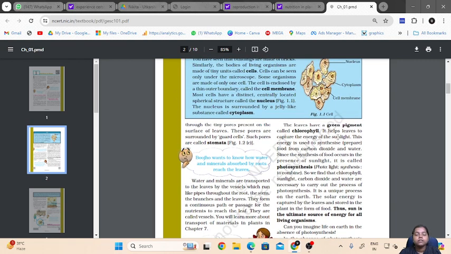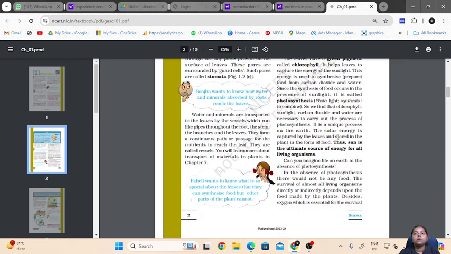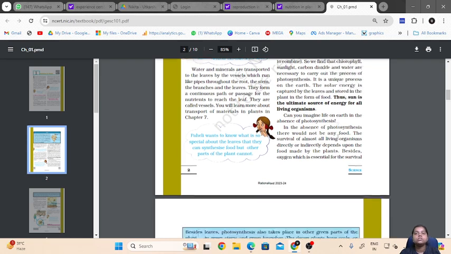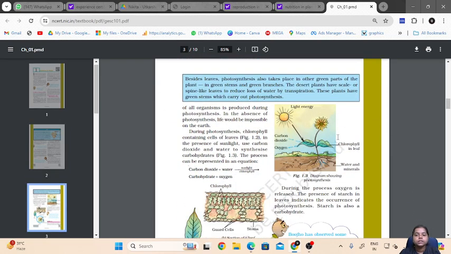Why only leaves can do photosynthesis? Because leaves contain chlorophyll, and the cells with chlorophyll absorb the sunlight. With the help of carbon dioxide, water, chlorophyll and sunlight, the leaf cells produce carbohydrate and oxygen.